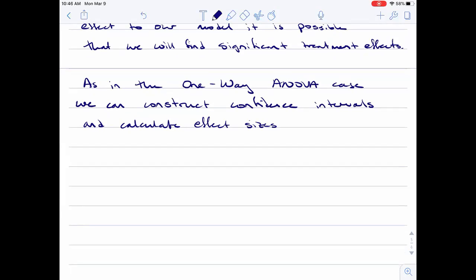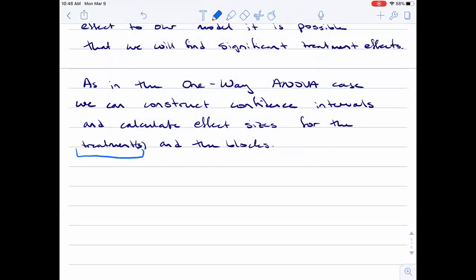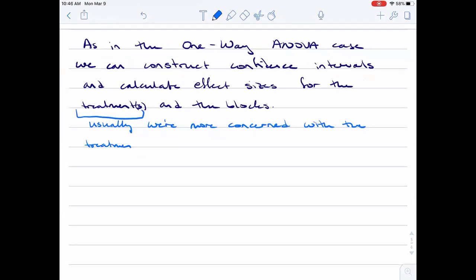Usually our main focus is still the treatments. We're more concerned with the treatment than the block.